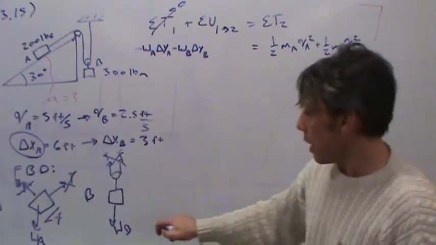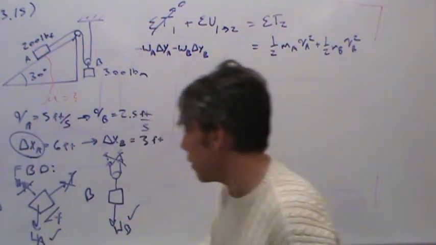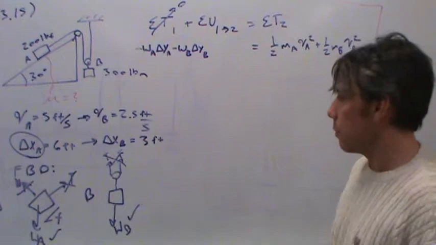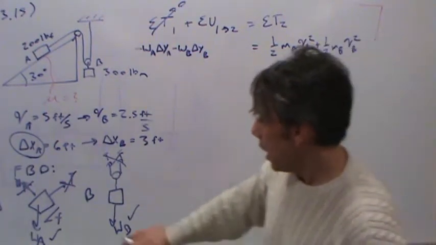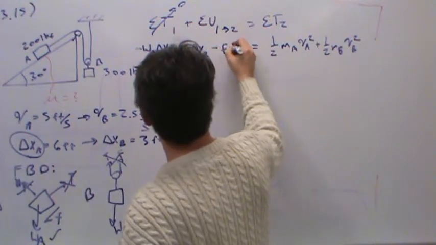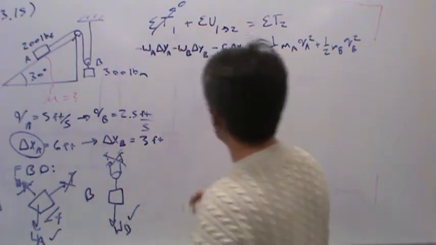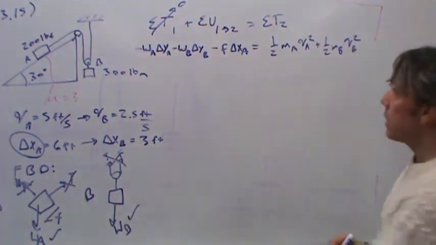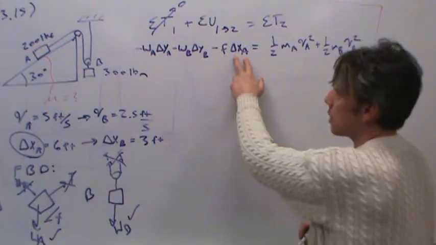We've already taken care of the effect of the weight force. We haven't really calculated it yet, but we've at least got it in the equation. And then we've got this term, which is going to be simply negative F delta X A. Why is it negative? Because delta X A is positive.